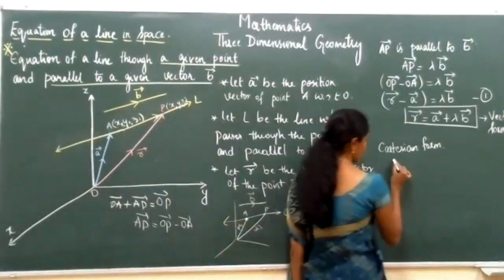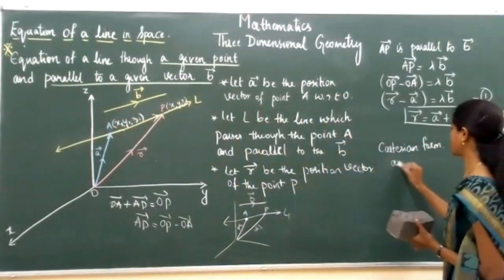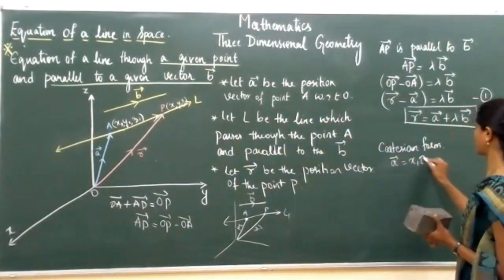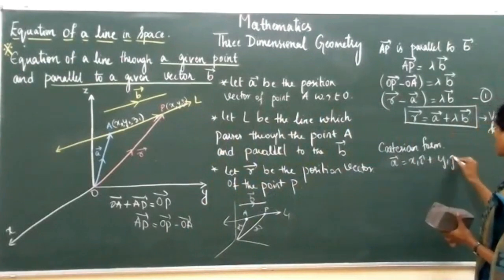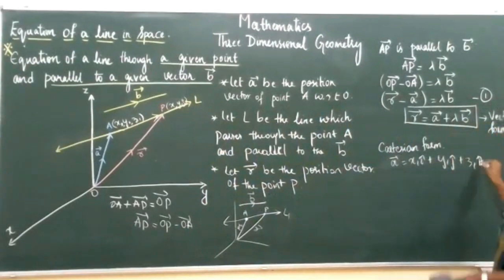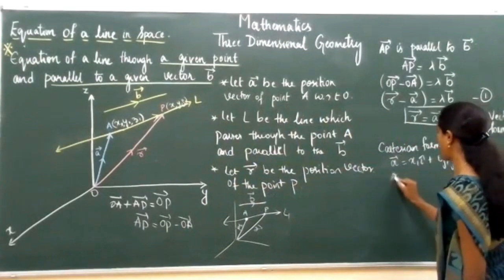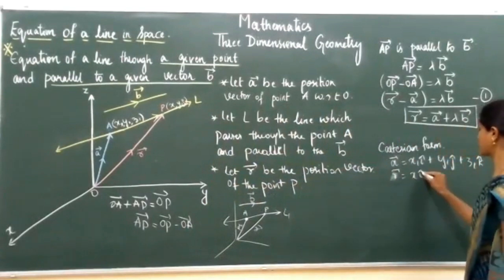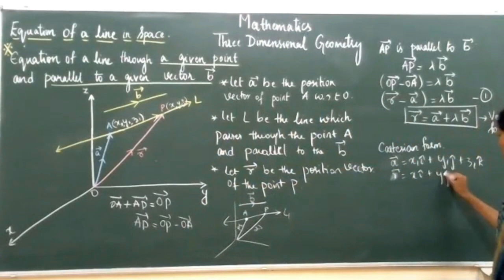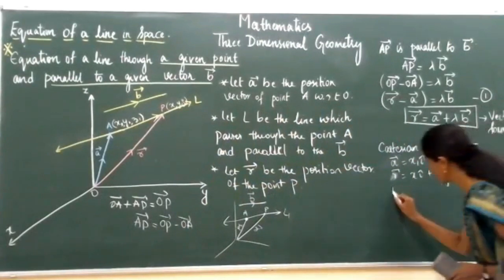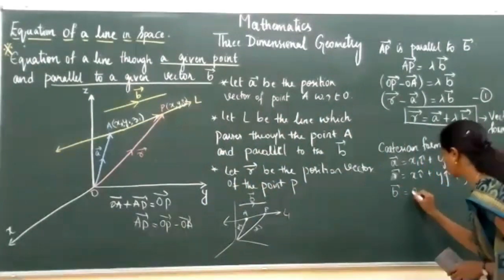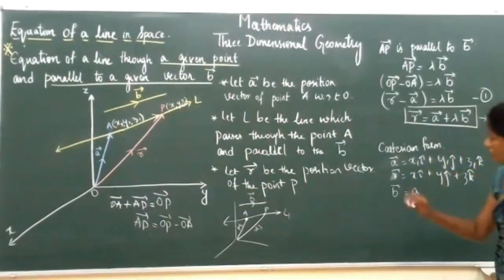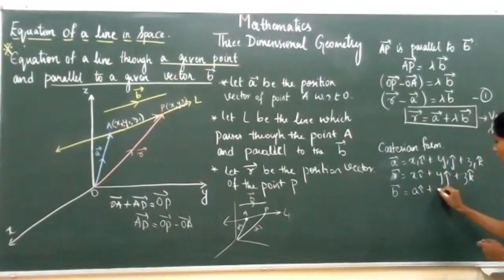From that I can write vector A is equal to x1 i cap plus y1 j cap plus z1 k cap, and vector R is equal to x i cap plus y j cap plus z k cap. Okay. Then vector B, I am writing it as a i cap plus b j cap plus c k cap.